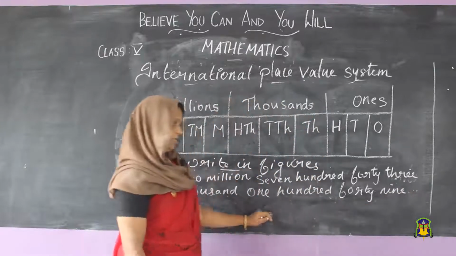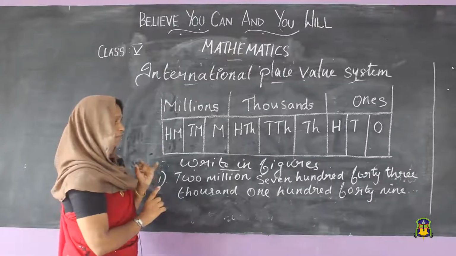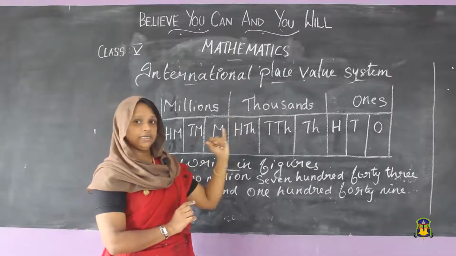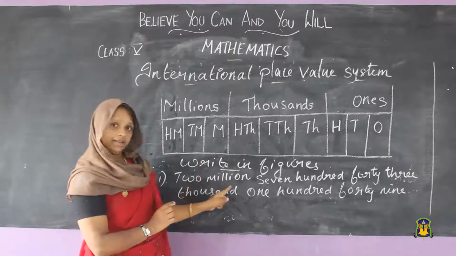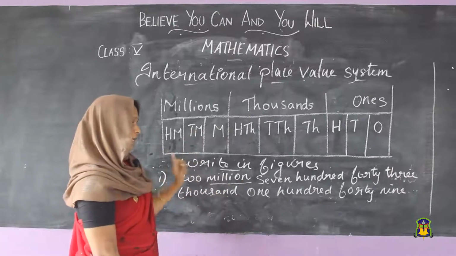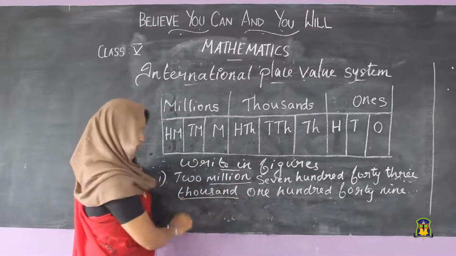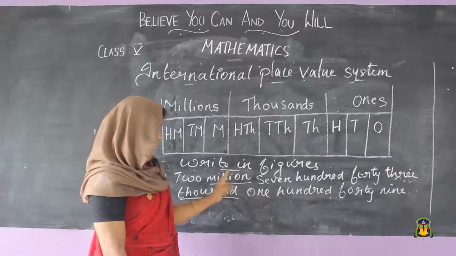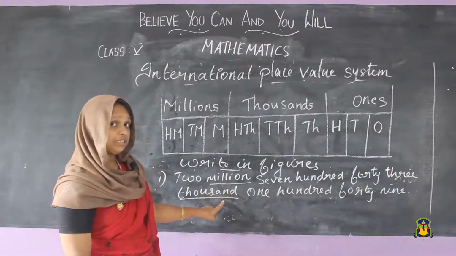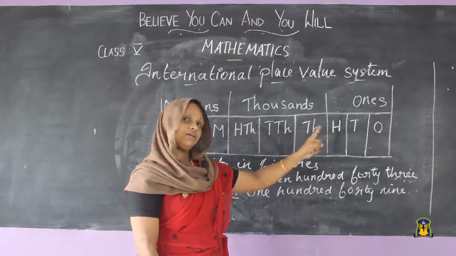In this you want to write in figures. First step, we note the periods. See, 2 million. So 2 comes under the million period. Then 743,000. See, the next period is the 1000 period. So million period, then comes 1000 period. Then 149 comes under the ones period.